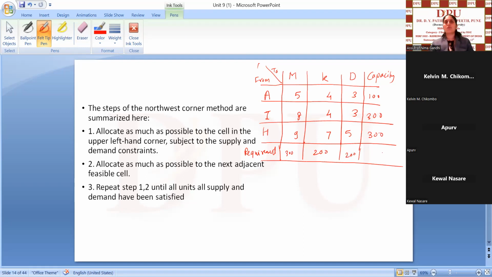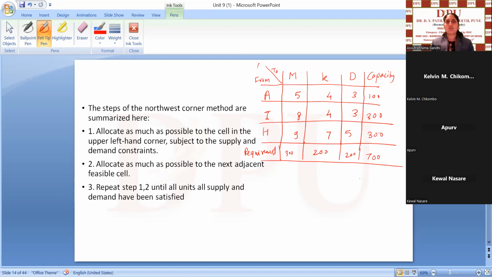Now, the first thing you have to do is check whether your supply matches your demand. So you add capacity and requirement and check whether the two additions give you the same total. So here 700 is the total, right? So it is a balanced transportation problem, so you can start solving as it is.